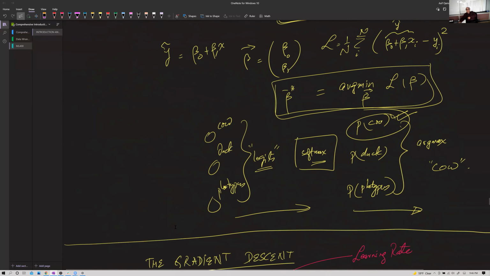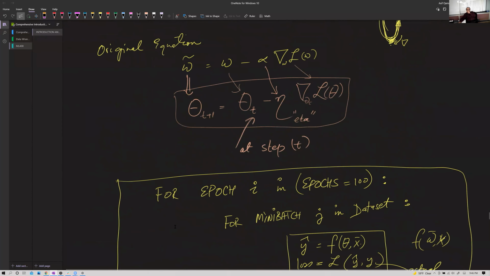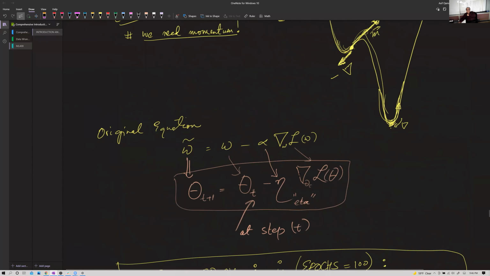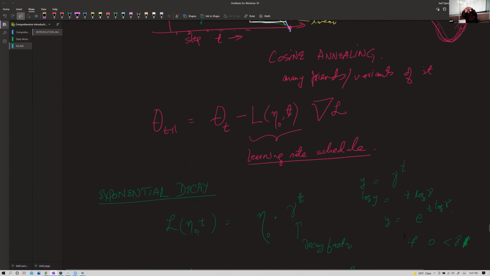Here I stopped and said the eta, the learning rate schedule. But now the other part of the magic, the gradient: it turns out that leaving the gradient to be just the gradient isn't good enough. We need to bring momentum in for obvious reasons. We went through the intuition, but the momentum intuition we will now bring down to details in the next session.